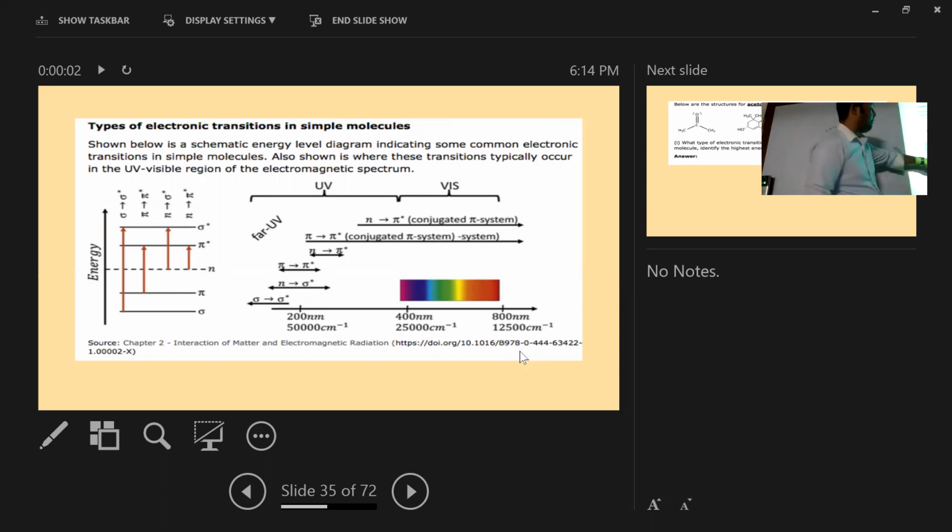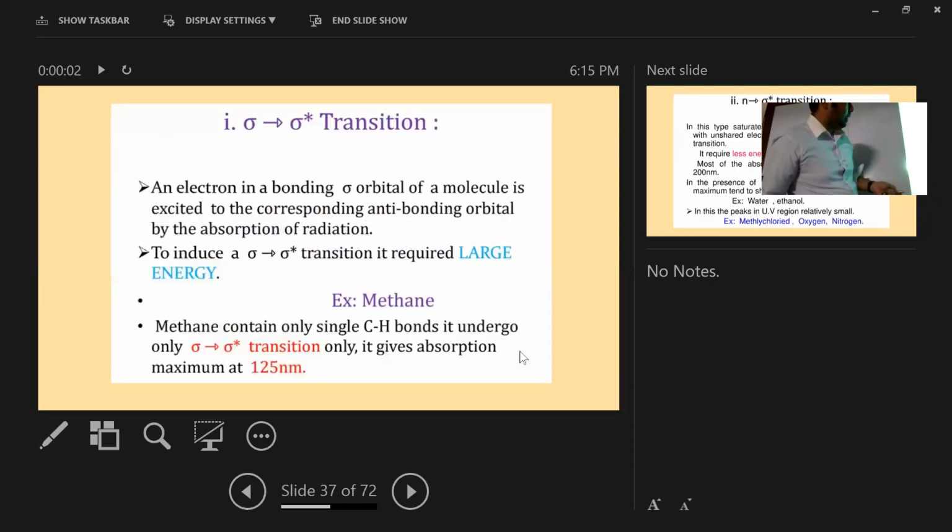If you want to excite sigma to sigma star, the energy gap is very high. So what type of wavelength can help? X-ray? Not X-ray, because X-ray will decompose the molecule. Just below X-ray is ultraviolet. So ultraviolet, and we can mention the wavelength in the next slide.